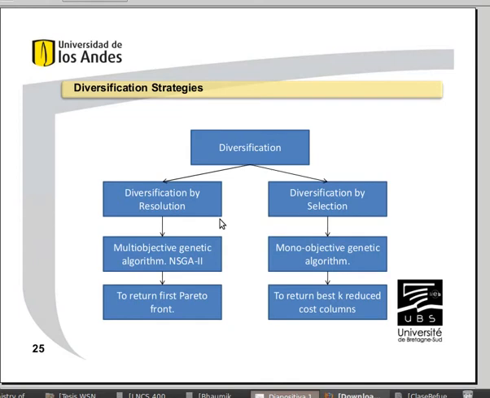The proposed method uses just the reduced cost criterion to select the columns that must enter into the problem. The second method uses a multi-objective genetic algorithm, a modification of the NSGA-II algorithm, to select the columns that must enter into the problem.